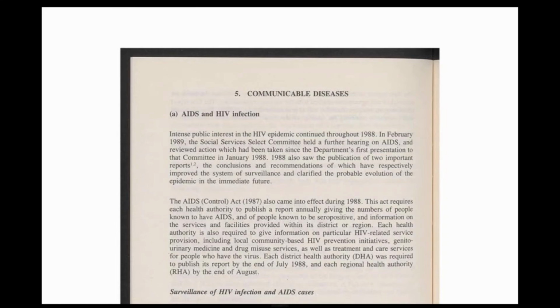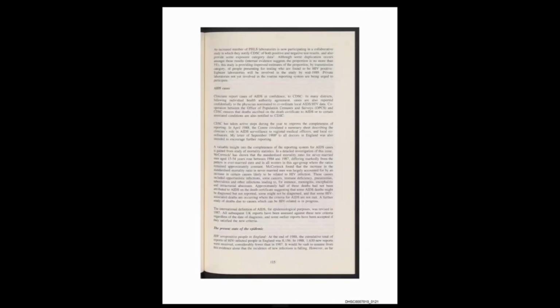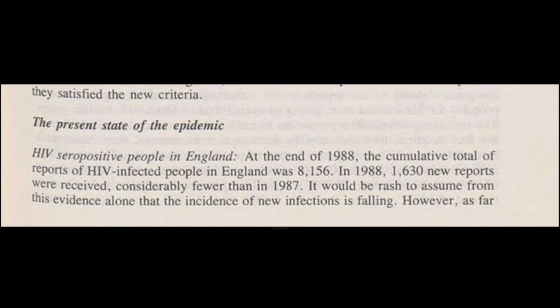And if we flip to page 121, or scroll, we can see under the present state of the epidemic, please, just at the bottom of that page, that at the end of 1988, the cumulative total of reports of HIV-infected people in England was 8,156. In 1988, 1,630 new reports were received, considerably fewer than in 1987.